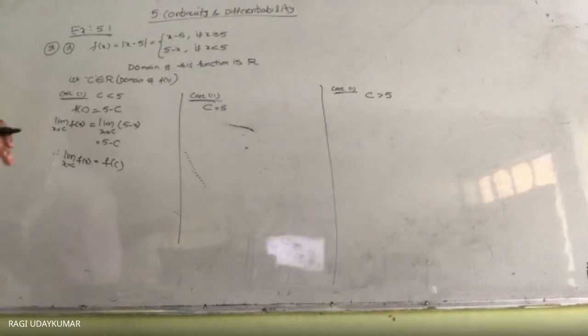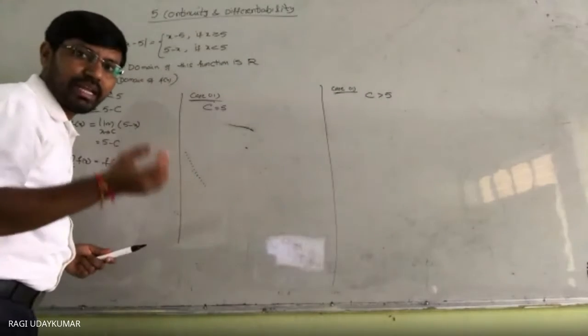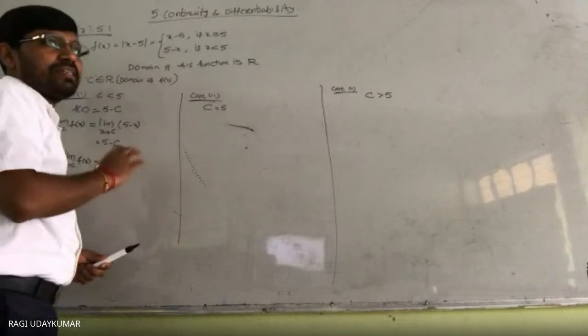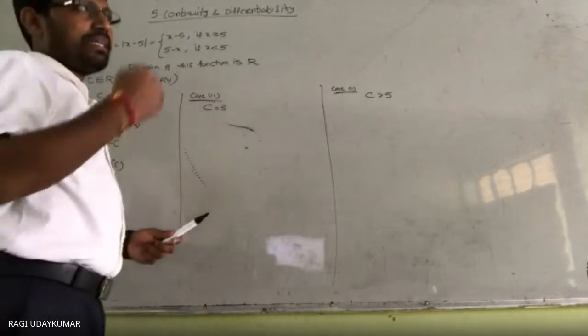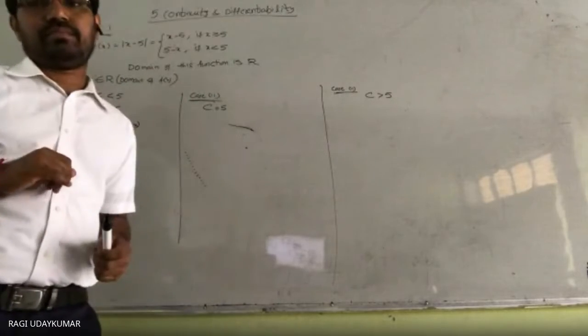Okay. Now here, why do we take like this, sir? Here the function is a splitting function at the particular point 5. That's why c less than 5, c equal to 5, c greater than 5. All the three cases should be taken into consideration.